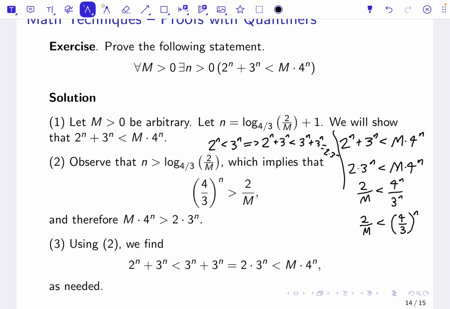That's just 4 over 3 to the power of n. And then we're solving for n, so take the logarithm of both sides, base 4 over 3, to get this monstrosity.